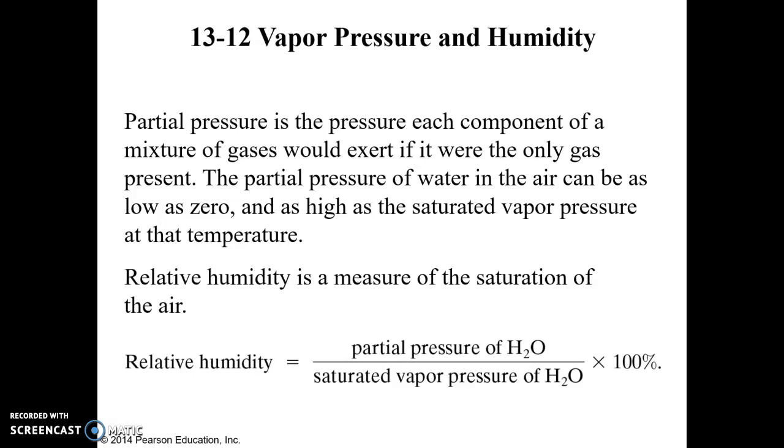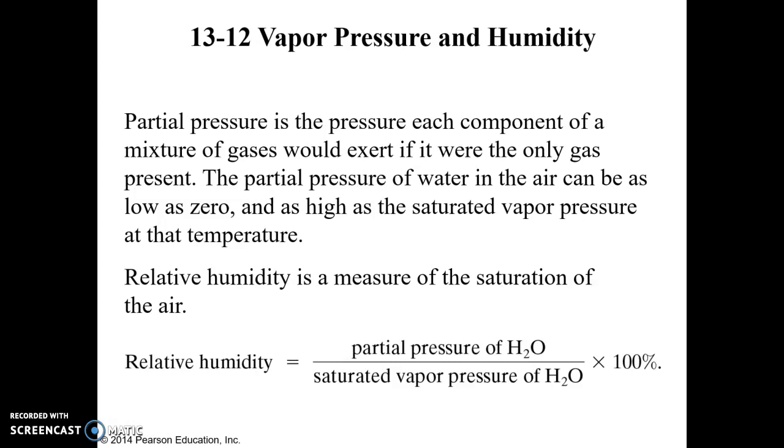So relative humidity, the definition of that is the pressure of water vapor, the amount of vapor in the air causes pressure, divided by the saturated vapor pressure. So essentially, it's saying how much vapor is in the air compared to the total amount of vapor that could possibly be held.